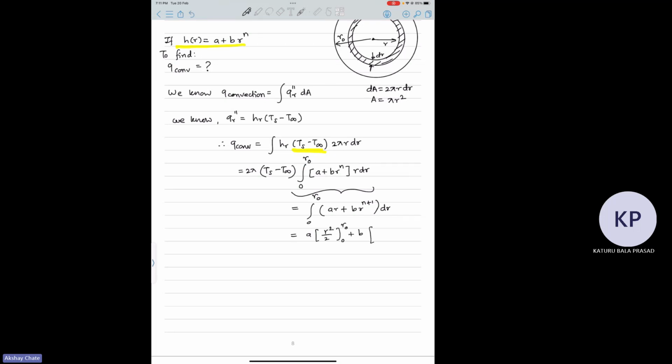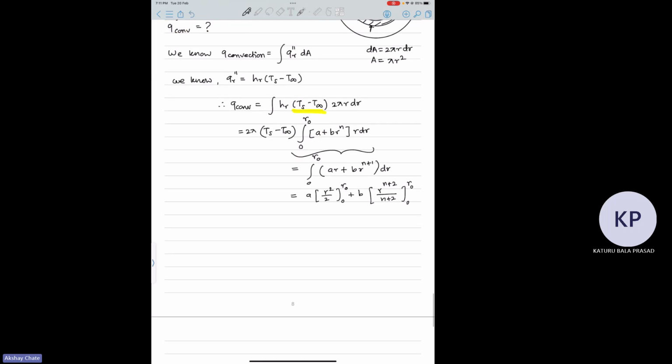B will come out, and the integration of R n plus 1 is R n plus 2 by n plus 2, from 0 to R naught. At 0, everything goes to 0. So you end up with A R naught square by 2 plus B R naught n plus 2 power divided by n plus 2.